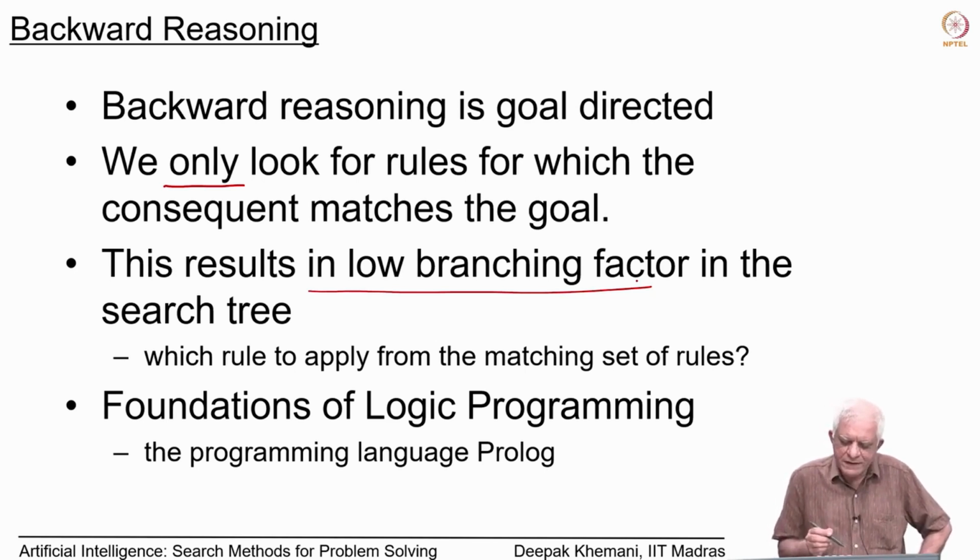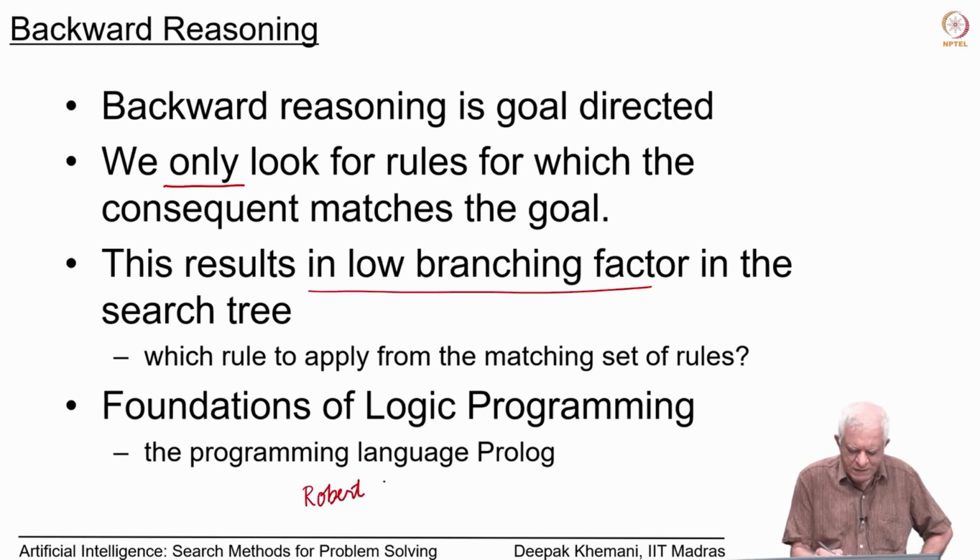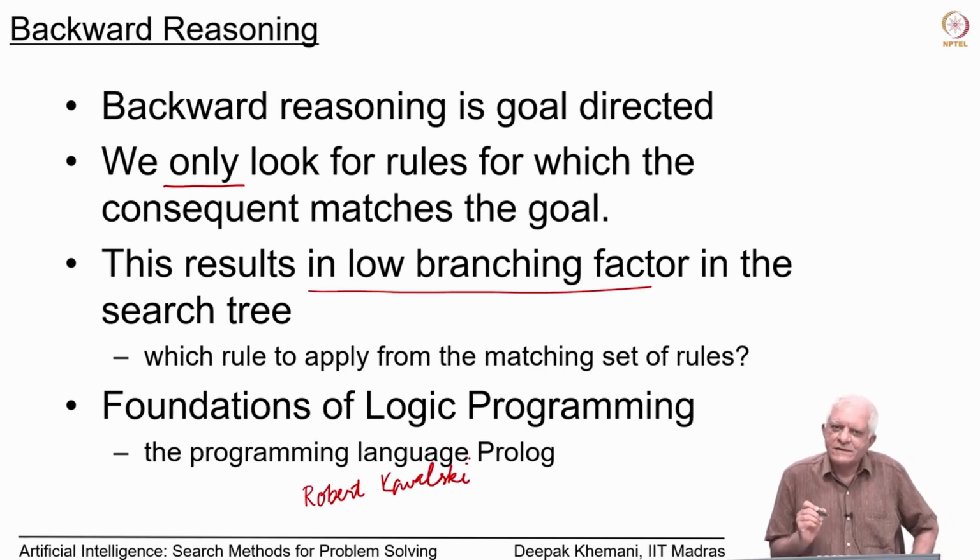Now, this idea was put forward by Robert Kowalski, whose name we have mentioned earlier. He was the person who said that a program is equal to logic plus control, and that the user or the programmer should only have to specify the logic, and the control is left to some inference engine.